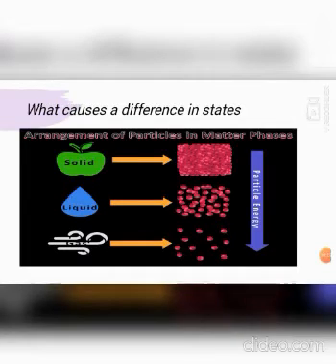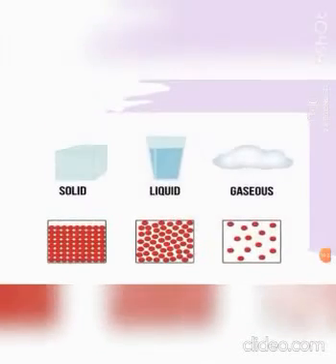So matter is basically made up of small particles called molecules, and we cannot see these molecules with our naked eyes or through a microscope. It is not visible, it is very small. Here you can see how the molecules are arranged in solid, how they are arranged in liquid, and how they are arranged in gaseous form. So all matter has molecules in it.